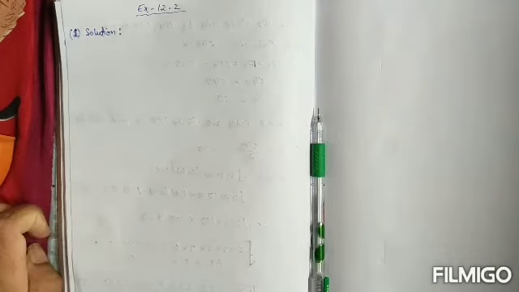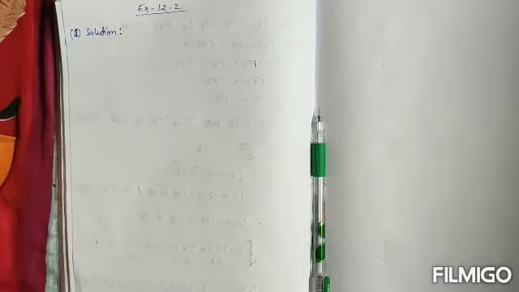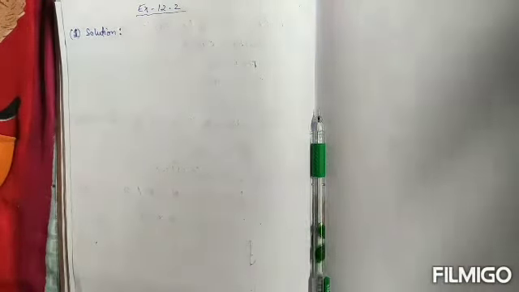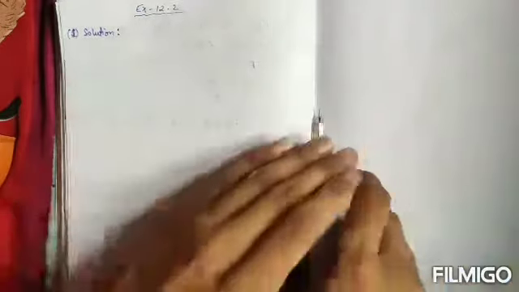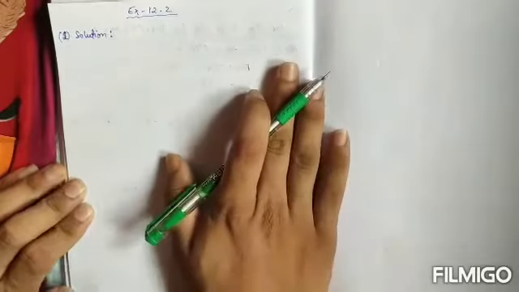So in exercise 12.2, question number 1, the question says a park in the shape of a quadrilateral ABCD. Whenever this kind of question comes, I suggest you make the figure. ABCD is the park, but you have to make the figure according to the question.